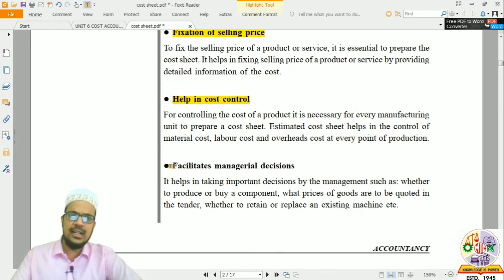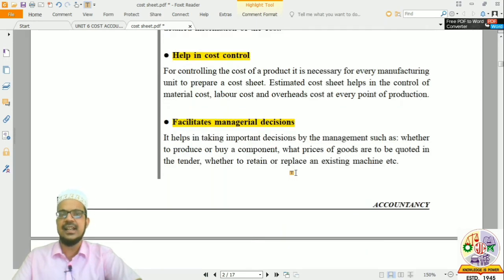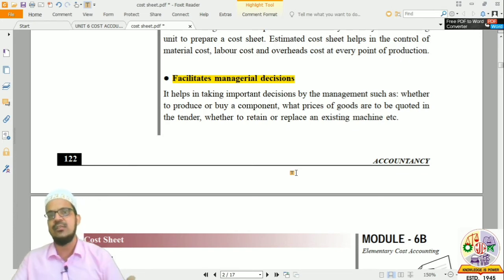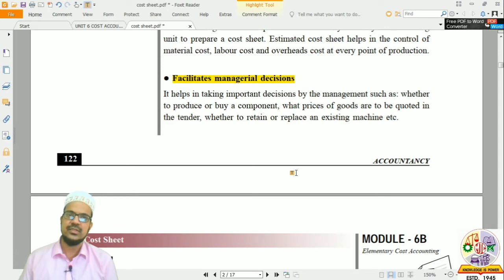The fourth and final advantage is that it facilitates managerial decision making. Now, we have discussed many times that managers are involved in making various decisions: what type of product to produce, what should be the price of the product, what should be the marketing strategy of the product, how much discount should be given to the customer.